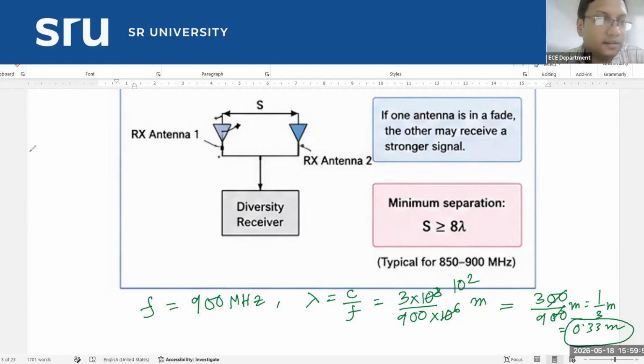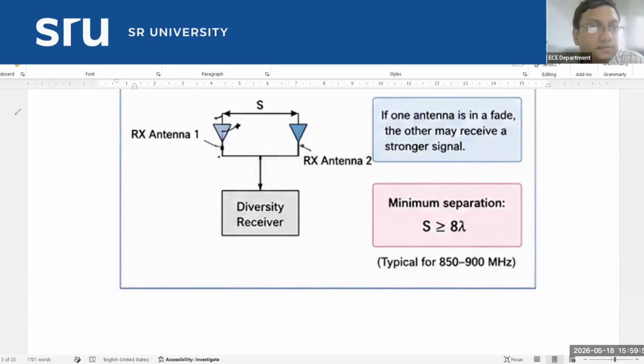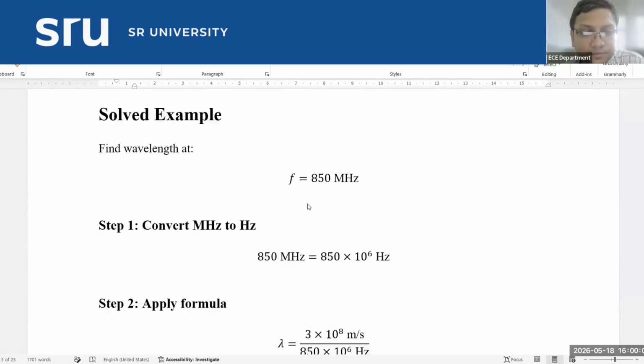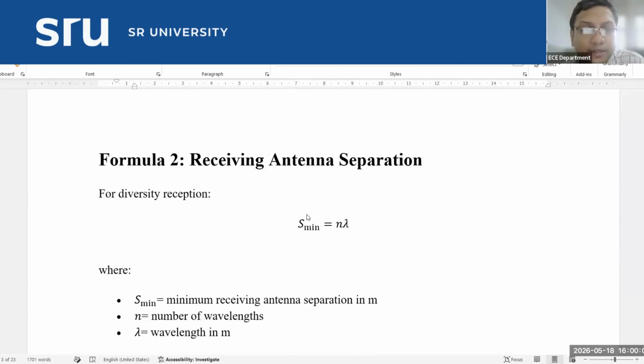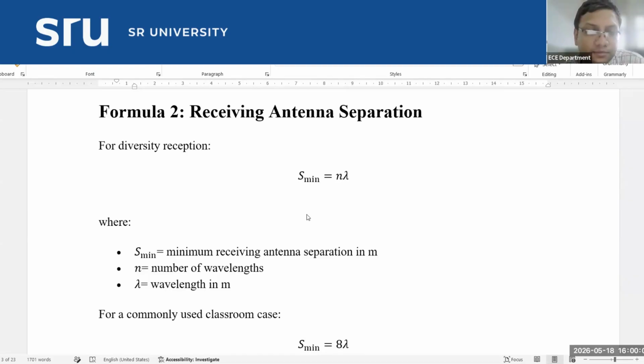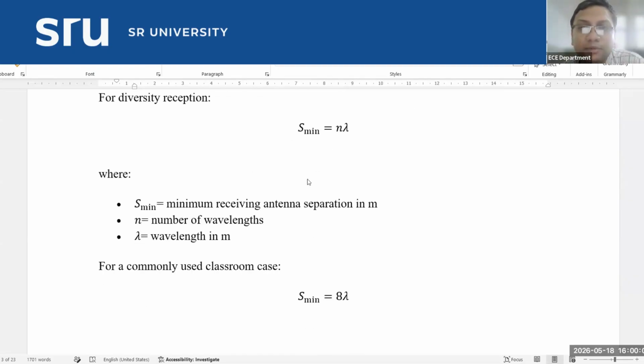Well, now let us move to the next topic. That calculation I have already shown, so I'm not going into that. Remember that S minimum, or the minimum distance, is 8 lambda.